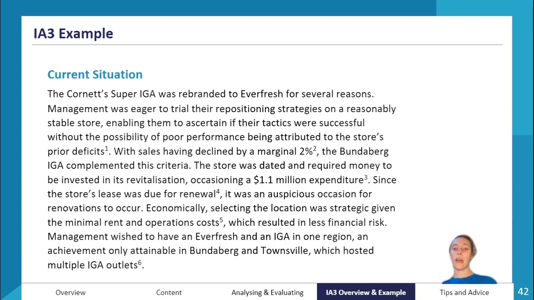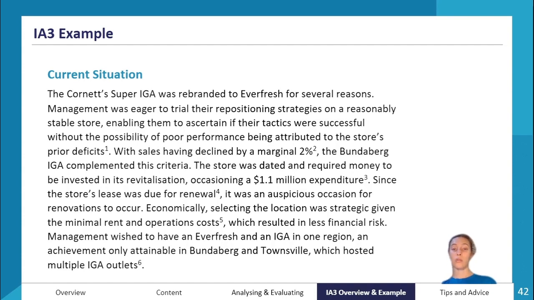So you can see how we've got some more information about the sales decline. We mentioned again very briefly and generally in the introduction that sales had declined, but this is where we're providing more information with the hard facts.